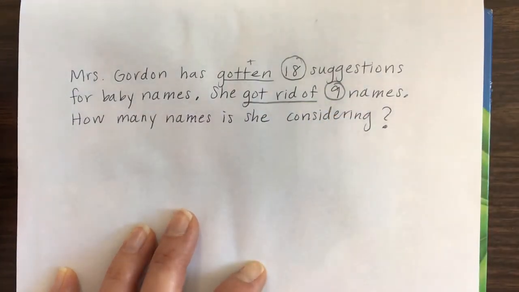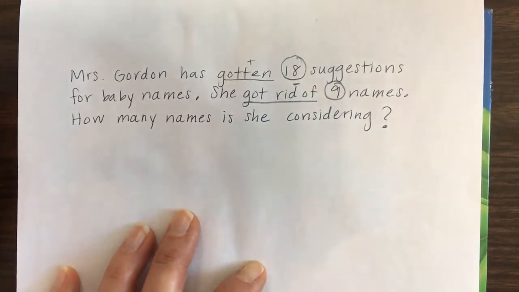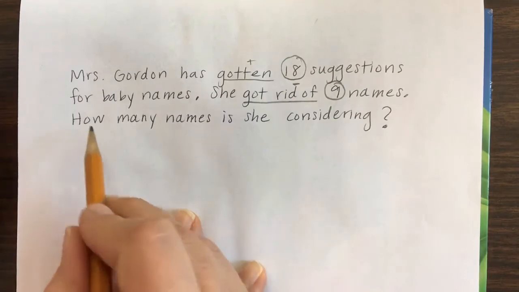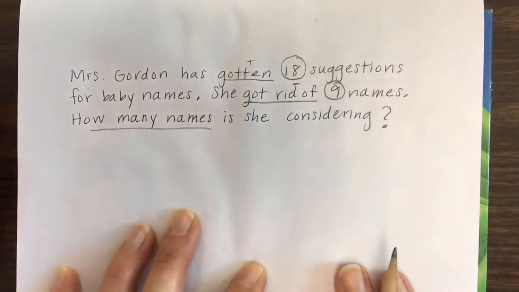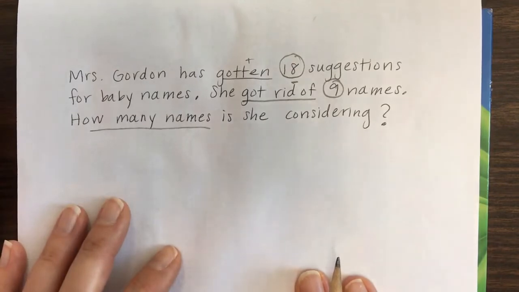If we're getting rid of 9 names, are we subtracting them or are we adding them? We're subtracting them. We don't see any totals here, so we know that's the question mark. How many names is she considering? Some of you have already figured this out because in your head you've done doubles.